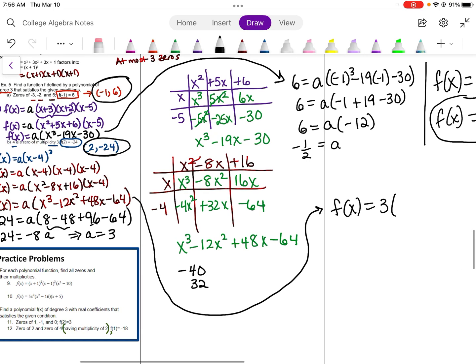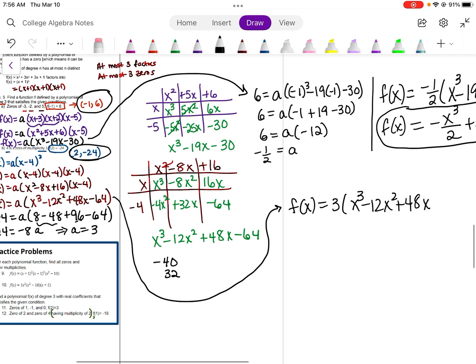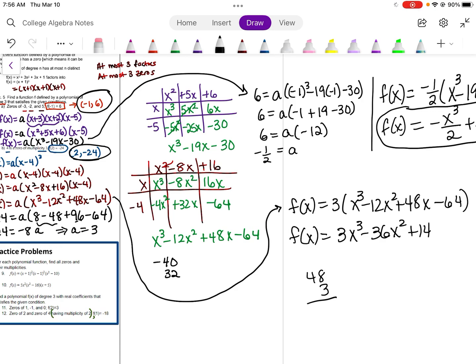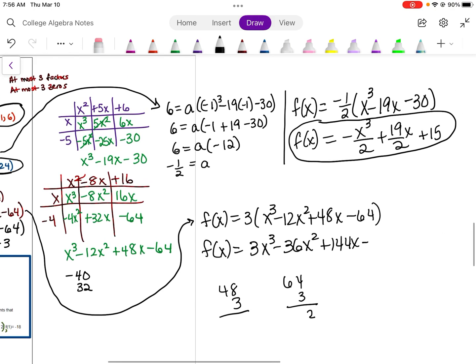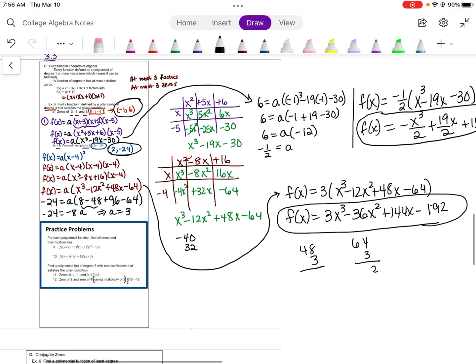So we have 3 times x to the third minus 12x squared plus 48x minus 64, and then we will triple everything. 48 times 3, 144. 64 times 3, 192. Okay, there's your final polynomial.